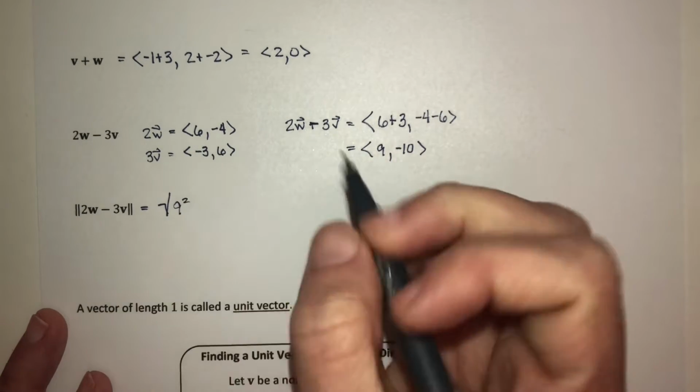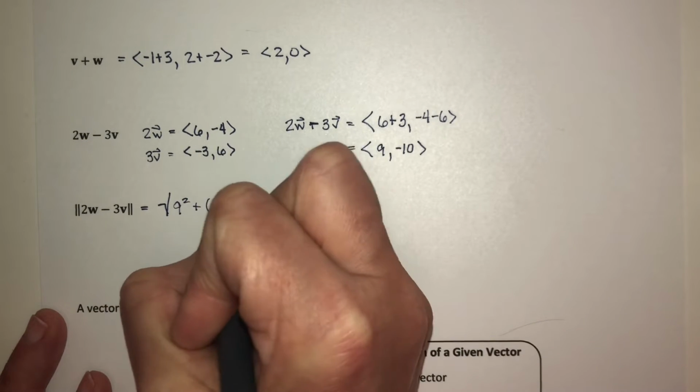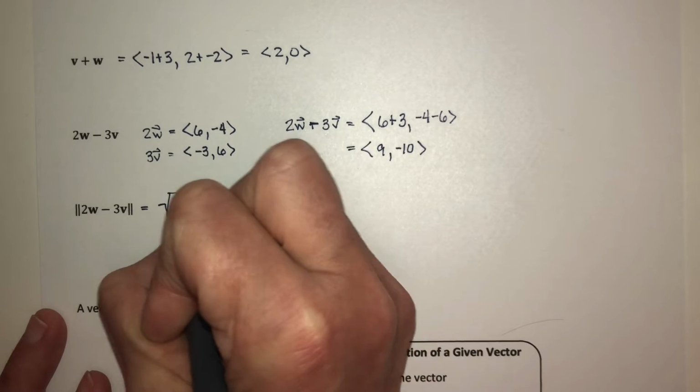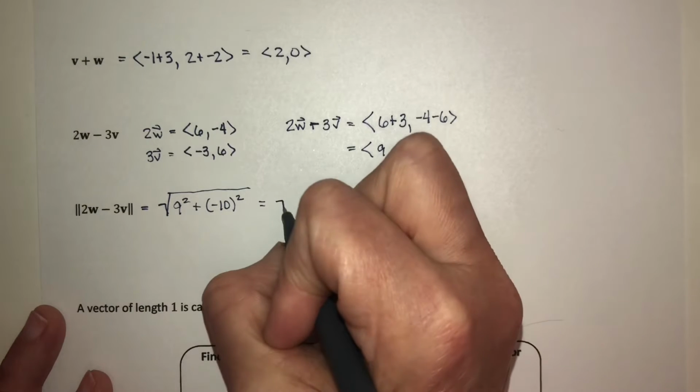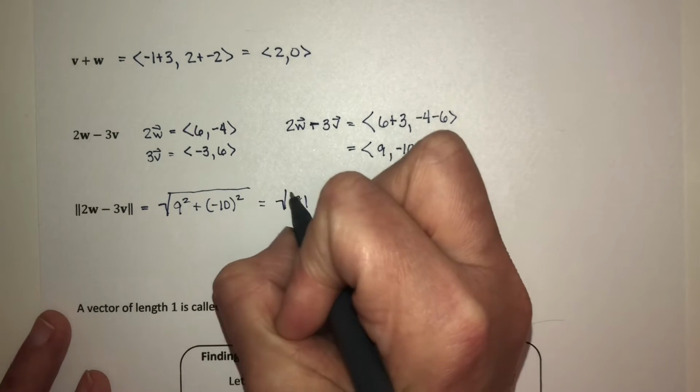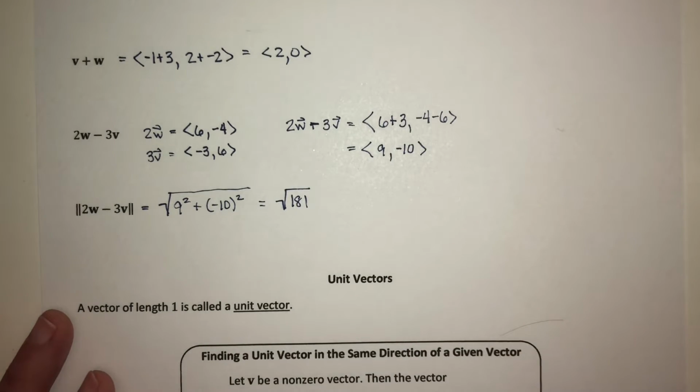So 9 squared plus -10 squared, which ends up being the square root of 181. And I'd simplify that if I needed to, or if I'm asked to round it, but this square root doesn't simplify, and if they're looking for the exact answer, that's it.